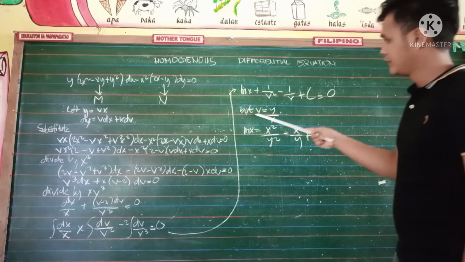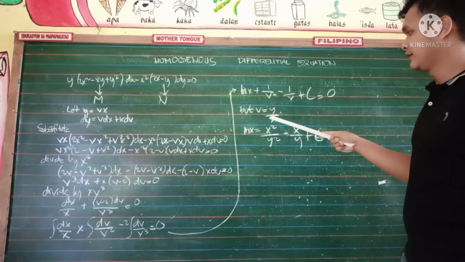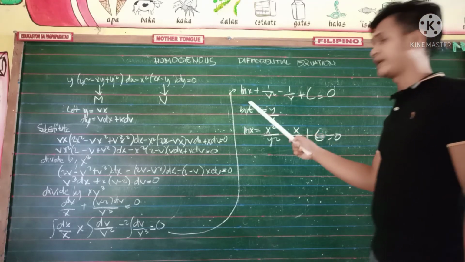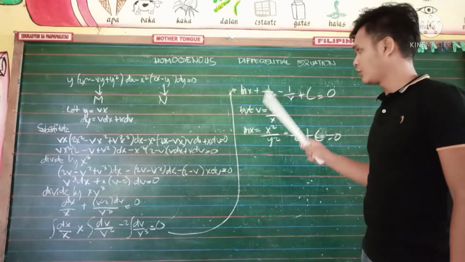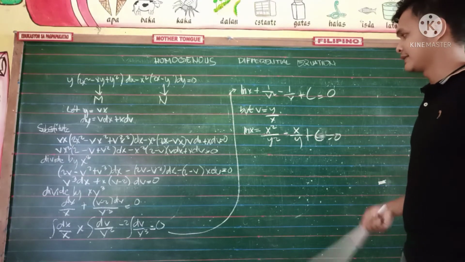But v is equal to y over x. So this is not our final answer. We need to substitute all the v with y over x.